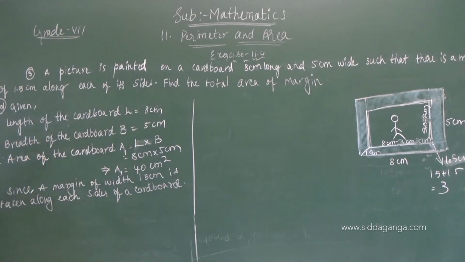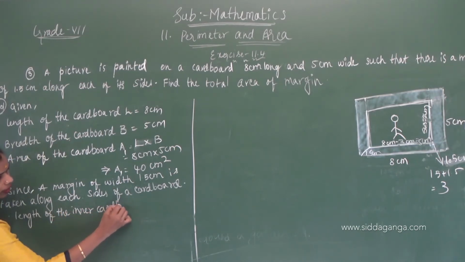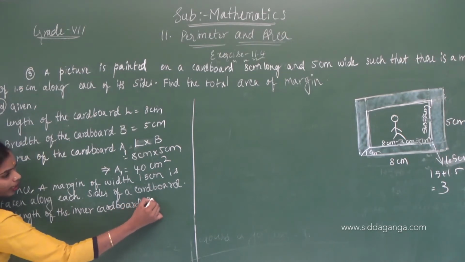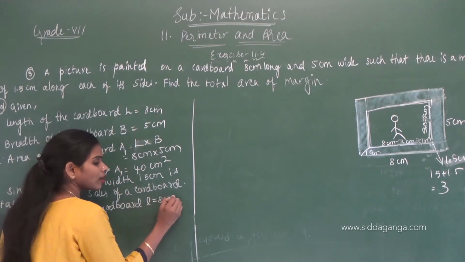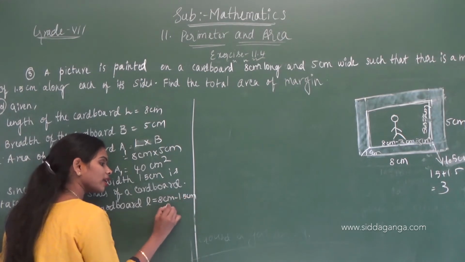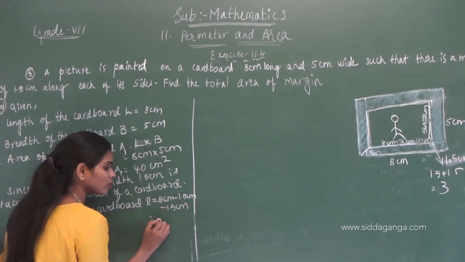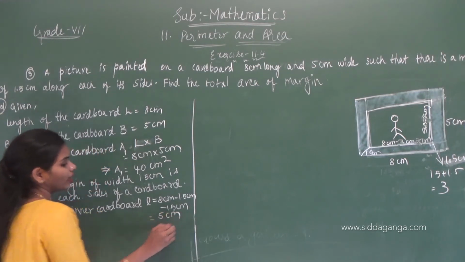Correct, children? Now we have to find the length of the inner cardboard, the margin that has been taken. Therefore, length of the inner cardboard L equals 8 centimeters minus 1.5 centimeters minus 1.5 centimeters, that is 8 minus 3, 5 centimeters.